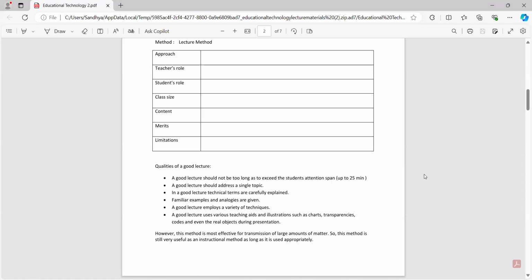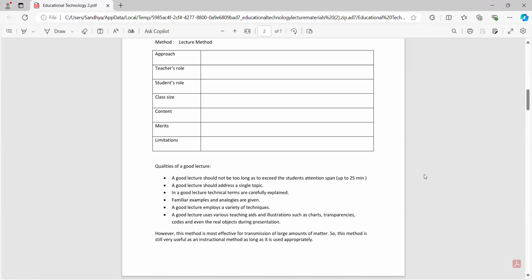Okay, that is it. Though the lecture method is one of the traditional methods, it has its own limitations. It has its advantages as well, and across the globe, it's still being used. So if you're selecting the lecture method for some reason, make sure that you make it a very good, effective one, by making it short, simple, to the point.